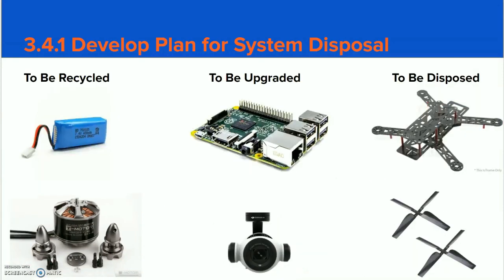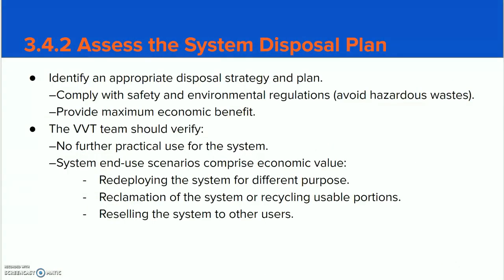We identified that the battery and motors will be recycled, the CPU and the camera can be upgraded, and that the frame and the propellers will be disposed. We identified an appropriate disposal strategy and plan, making sure that we comply with safety and environmental regulations and that we provide a maximum economic benefit.